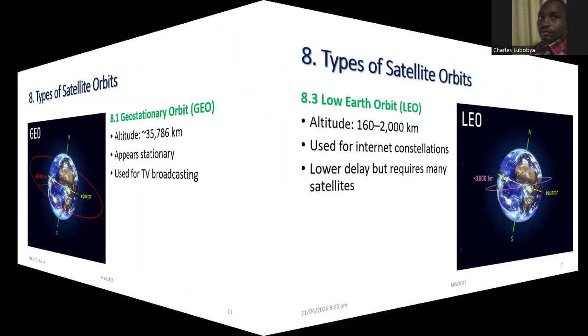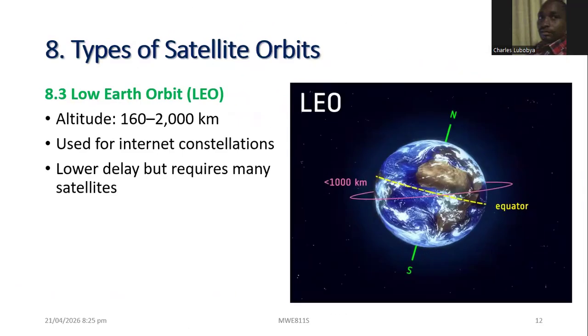Then you've also got what is known as the LEO, which is low Earth orbit. This one goes between 160 to 2,000 kilometers from the center of the Earth. It is usually used for internet constellations. So you launch a number of these, and normally they are launched near the South and the North Pole.